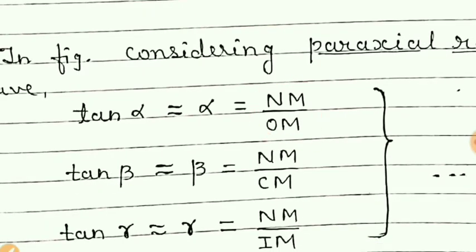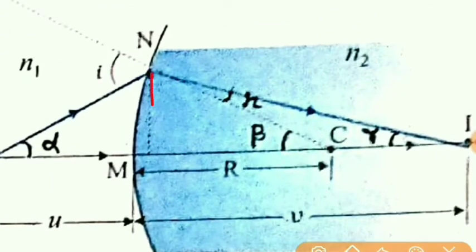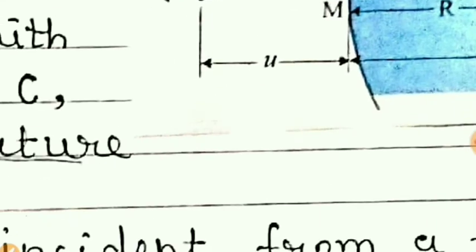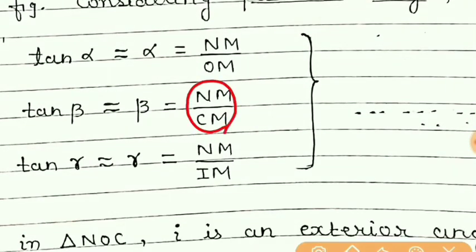Similarly, tan beta, you can see here for this right angle triangle, tan beta is opposite side upon adjacent side. So once again, NM, that is opposite side, upon CM. So I have written tan beta is equal to NM upon CM. Finally, gamma.